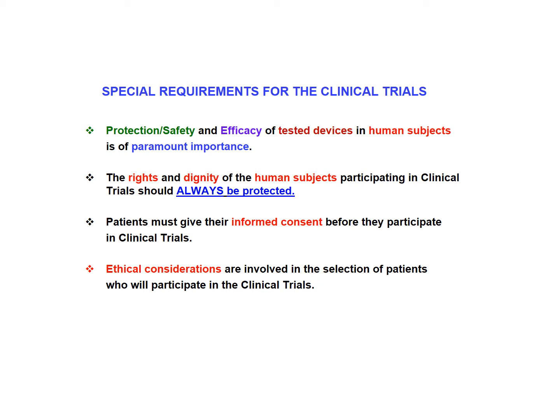In this particular aspect, we should remember that in order to have scientifically sound studies, we have to have two groups of participating patients. One group will receive the new device or the new drug or the new vaccine, but the control group will receive, in the case, let's say, of the drug, a placebo, which is perhaps a pill made out of sugar, or instead of an injection of the new vaccine, an injection of isotonic saline.